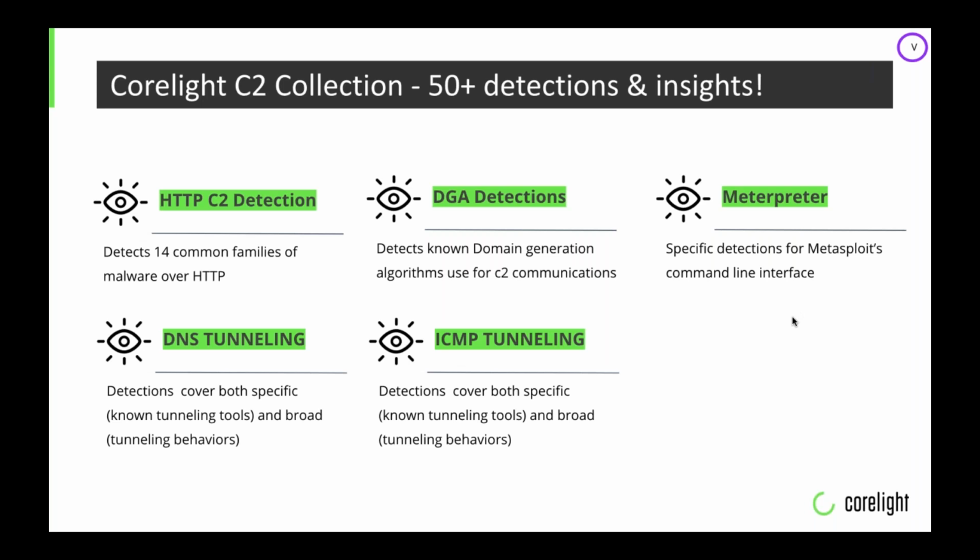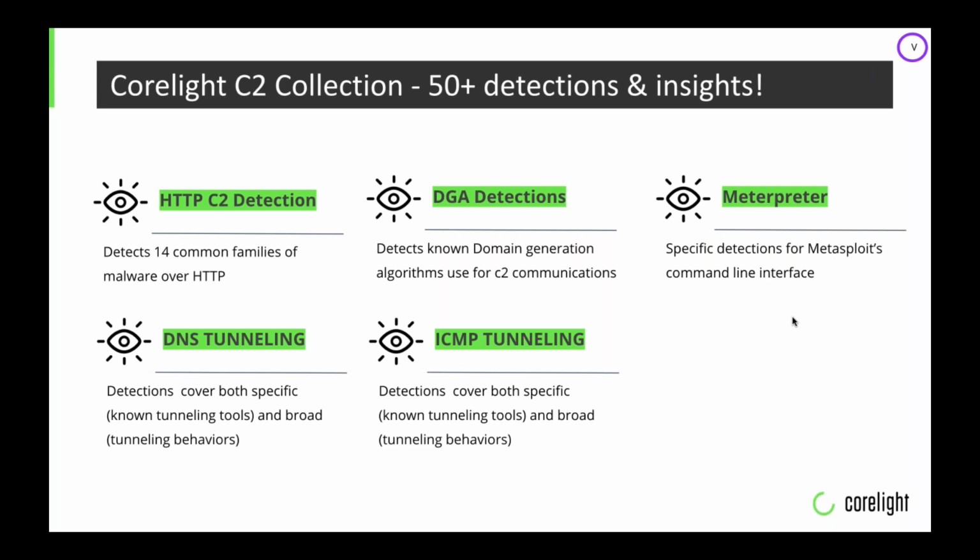So this collection is composed of these 5 categories. We'll talk about each one of them, and Matt and I will go back and forth a little bit on how these can help you, how these are used in the real world by malicious actors, and how identification of them can really speed your incident response process.